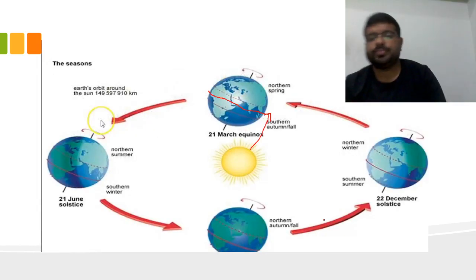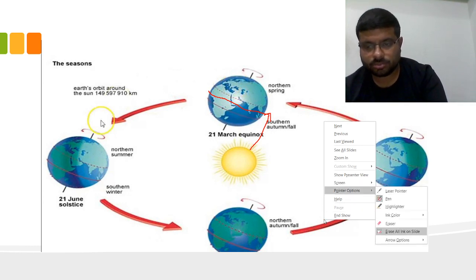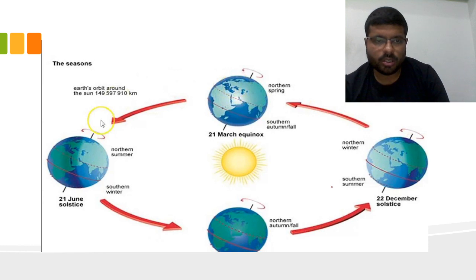As you see in this diagram, this is the orbit across which the earth revolves. On 21st March, what happens?